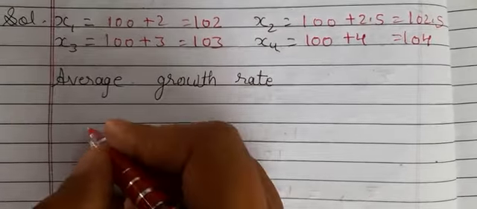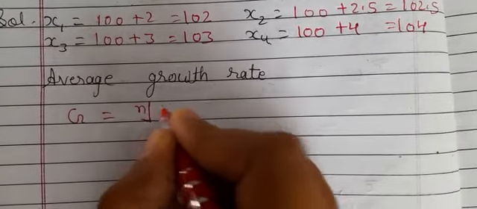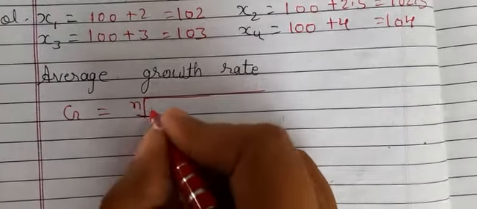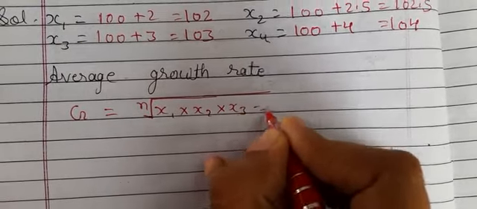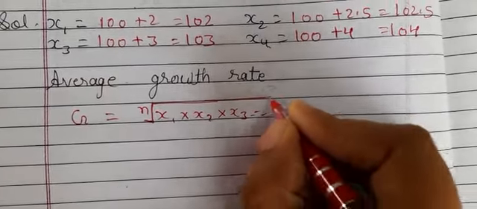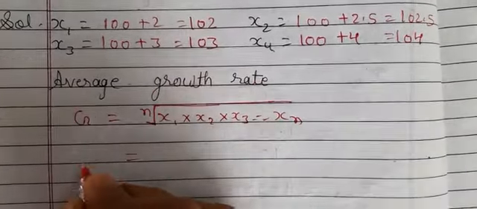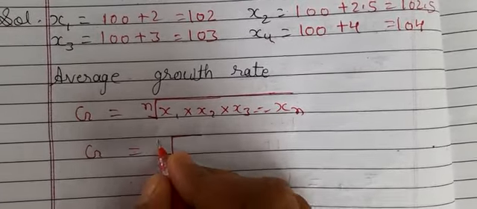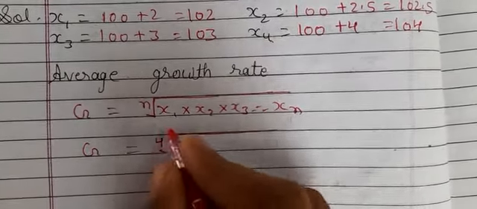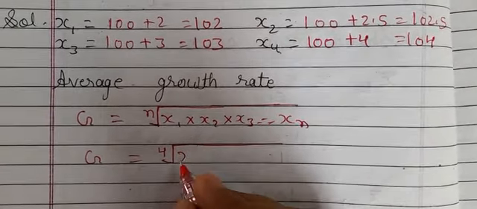So the geometric mean G is equal to the nth root of x1, x2, x3 till xn. Here we can see 4 values are there, so n is equal to 4. So it is the 4th root, and 4 observations will be there: x1, x2, x3 and x4.